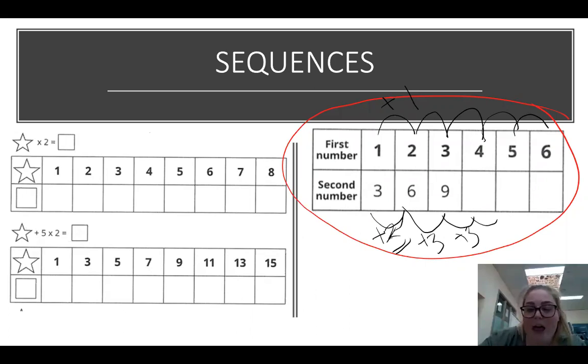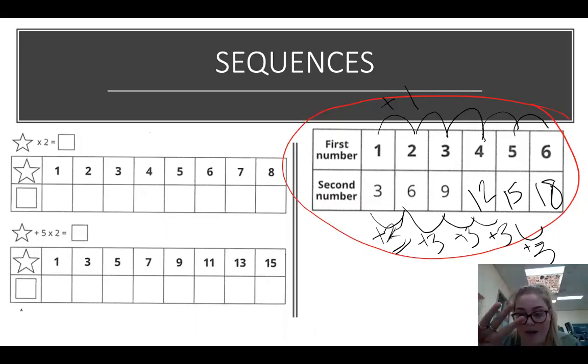So what would our next number be? You are correct, it would be 12. Our next number, we need to increase it by 3 again, so it would be 15. And our next number would increase again by 3, which would be 18, meaning as our numbers on the top increase by 1, our numbers on the bottom would increase by 3.